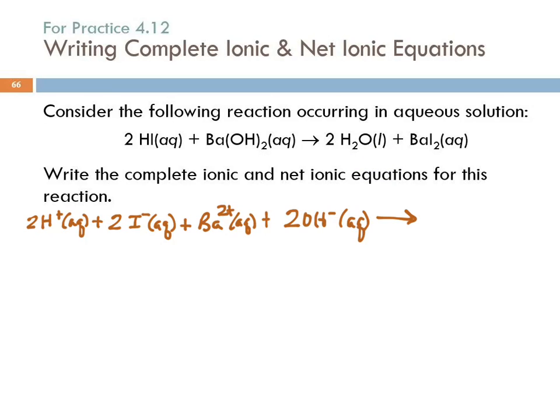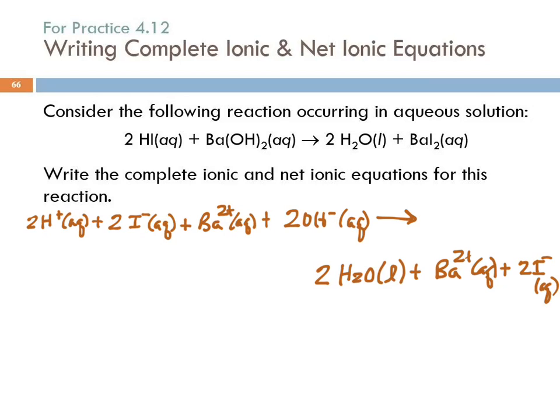Solids, liquids, and gases are not separated into ions. So I've got 2 H2O liquid. And then I've got another ionic compound, Ba2+ aqueous, and 2 I- aqueous. That's the complete ionic equation.